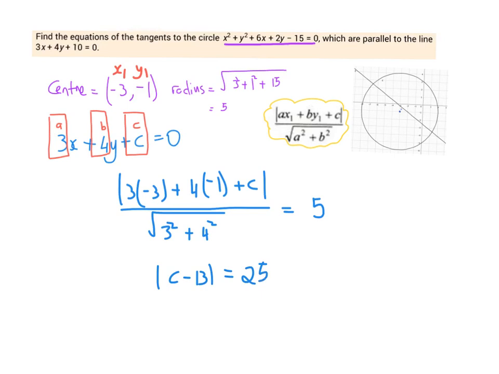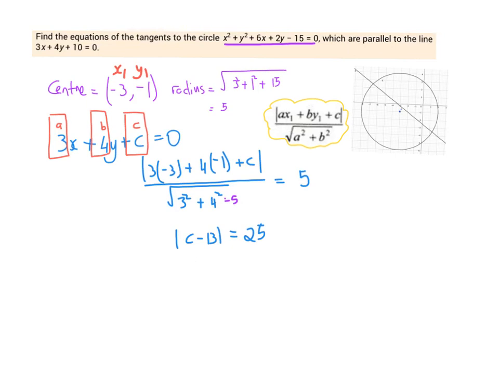So just cross multiplying. Now in order to solve for c, we know this is the absolute value. So that means that one version is the positive version, c minus 13 is equal to 25, and the other option is c minus 13 is equal to minus 25.